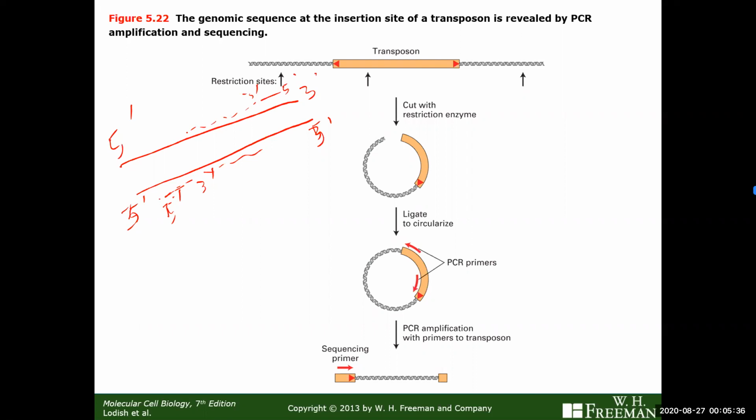But in this particular case, you see the primers are facing away from each other. So here the elongation will happen in this direction. Here the elongation will happen in this direction. But that way you will get the entire length amplified, and then you can sequence it.